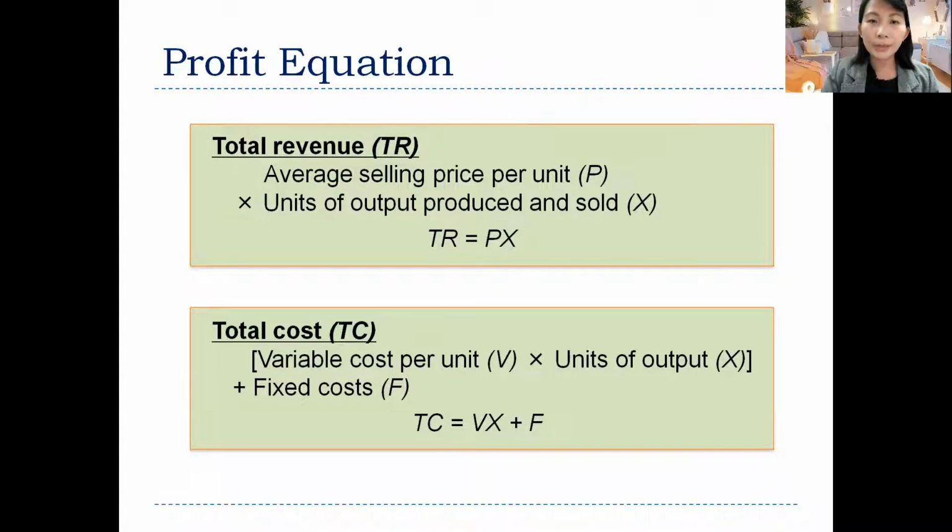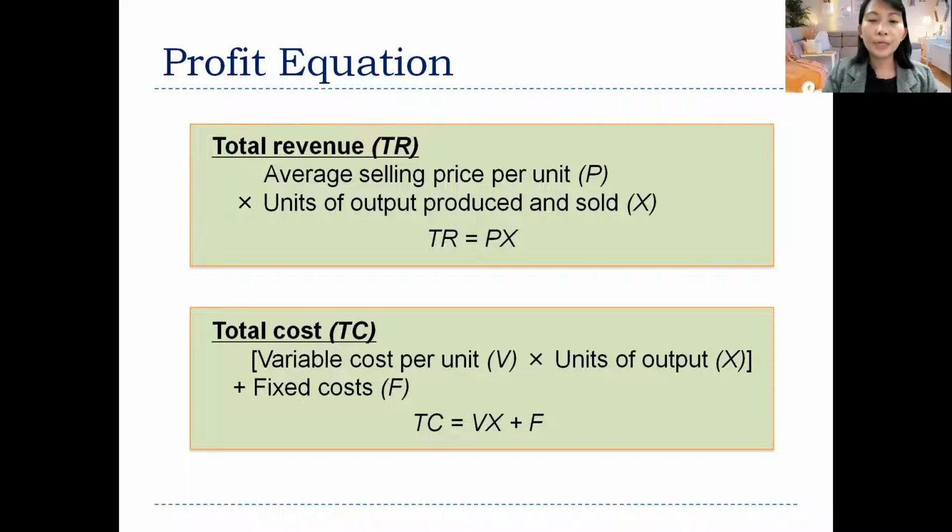So TR, the total revenue, is equal to PX, the selling price times the units of output produced and sold. For total cost, it is variable cost per unit times units of output, that is the X, plus the fixed cost.